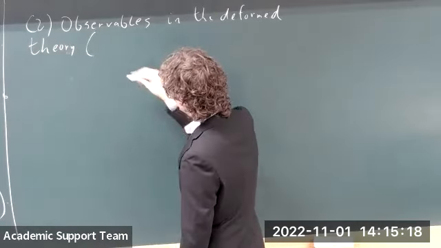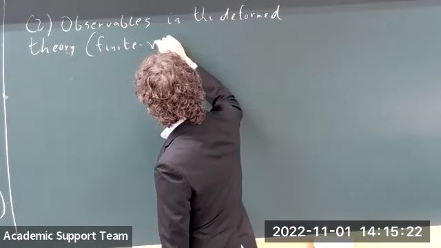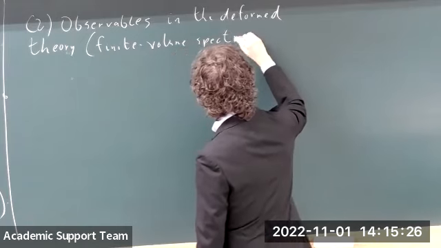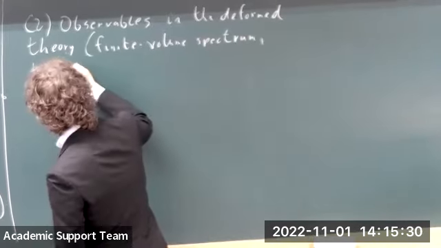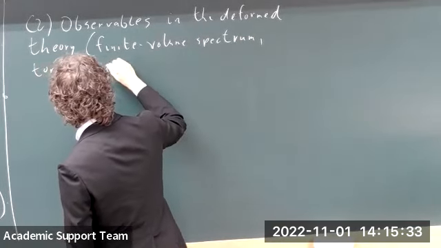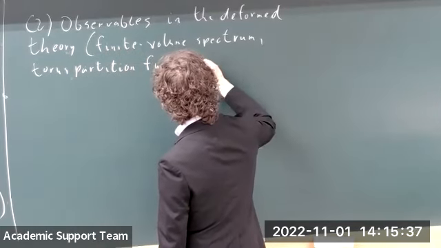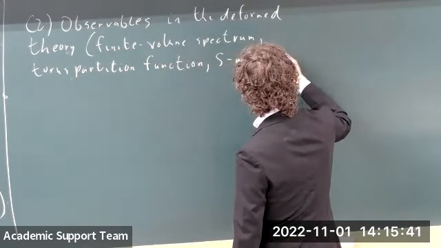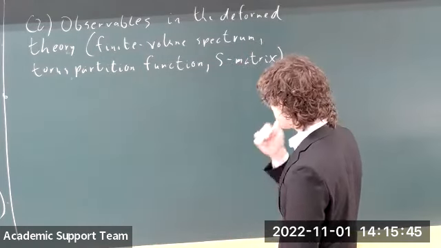Lewis reviewed some of this yesterday, but this includes, for instance, the finite volume spectrum, if you put, say, the 2D theory on a cylinder of radius r, also the torus partition function, and the flat space S matrix, among some others, but these are kind of the first nice ones you might think of.